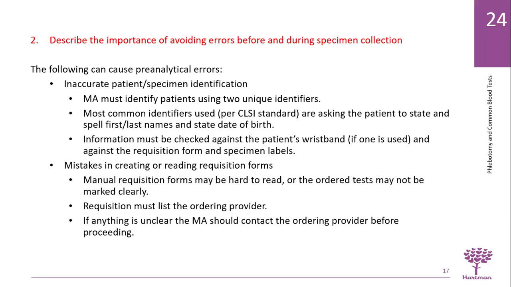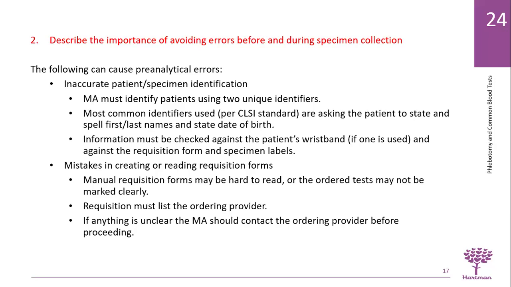These are something that we call pre-analytical errors. Pre-analytical errors occur when an inaccurate patient specimen identification has occurred. So maybe, for example, you went to a patient's room, but you did not identify and make sure that was the right patient that you're supposed to be drawing blood on, and now you have results back on the wrong patient.